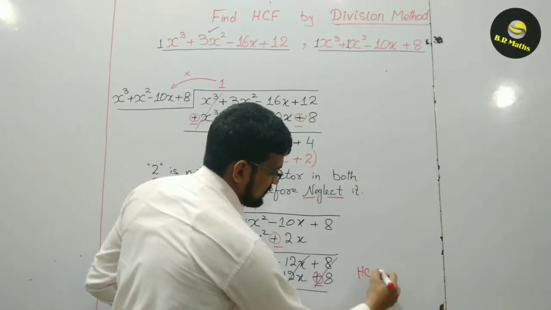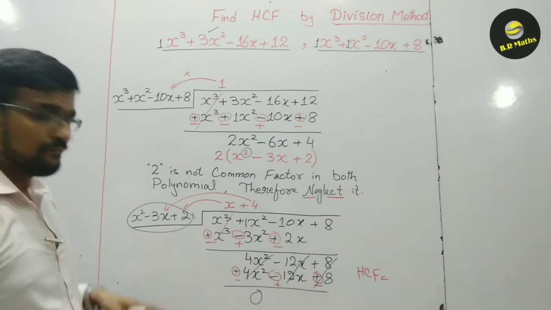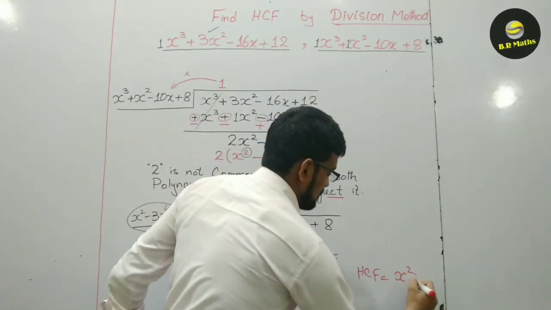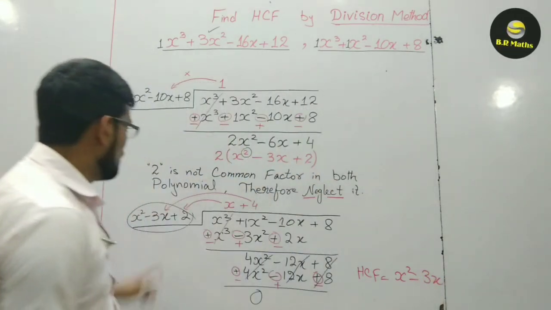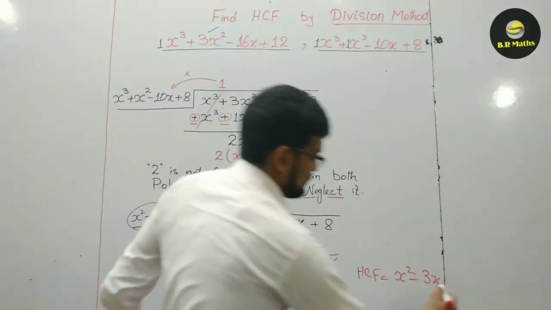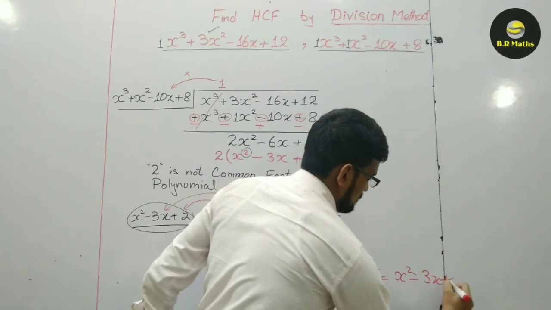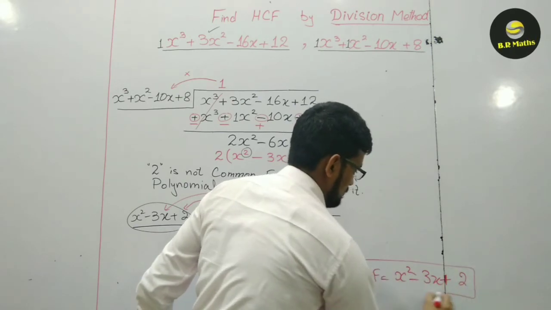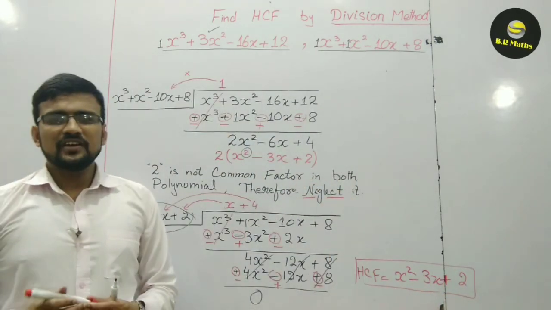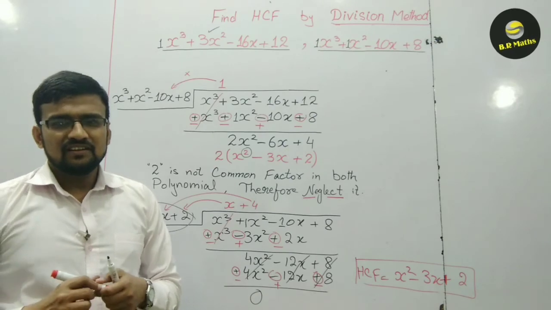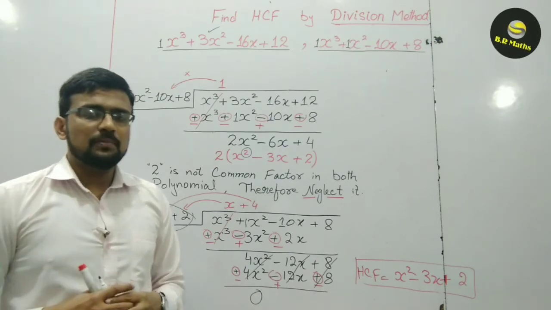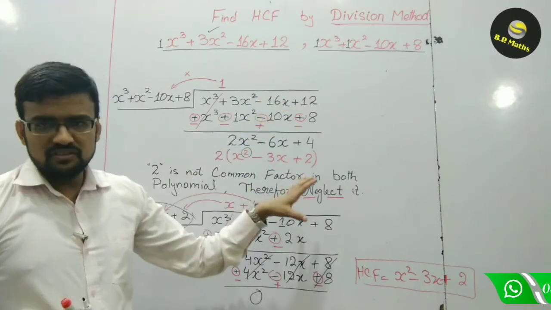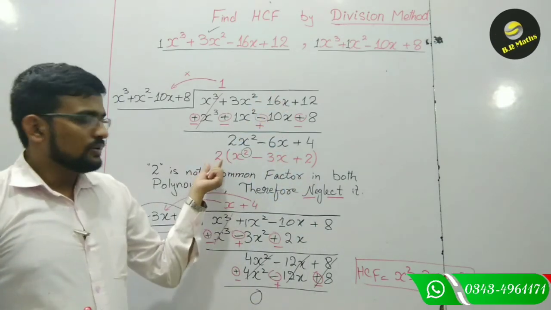HCF is x square minus 3x and plus 2. Okay, so students, this is the question and this is the topic to find HCF by division method, and I hope you understand all these steps.